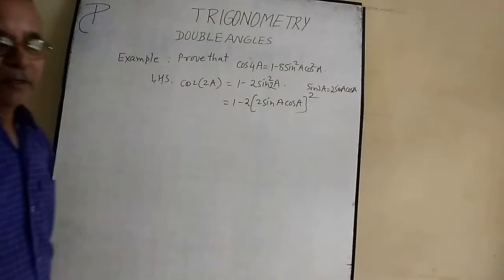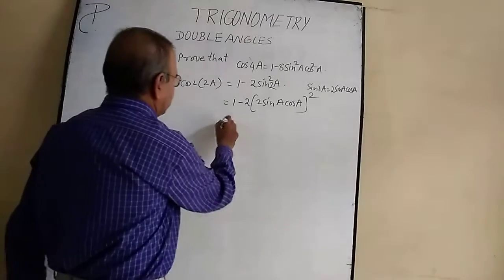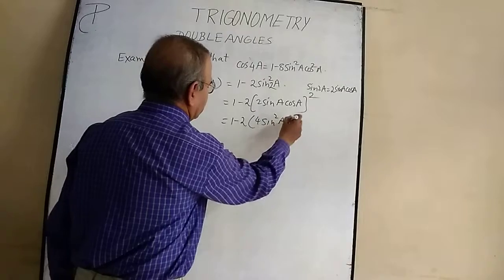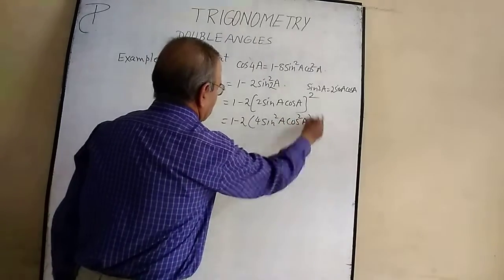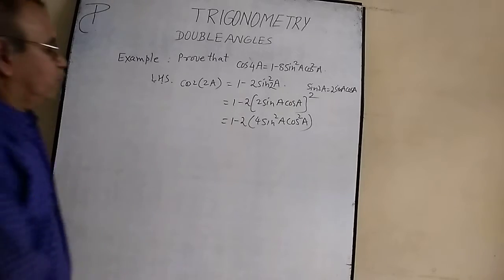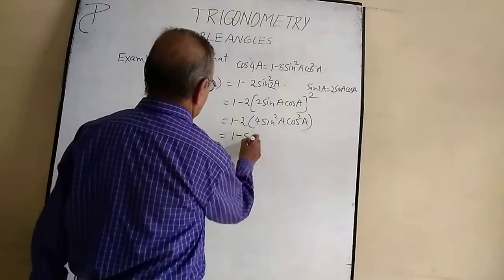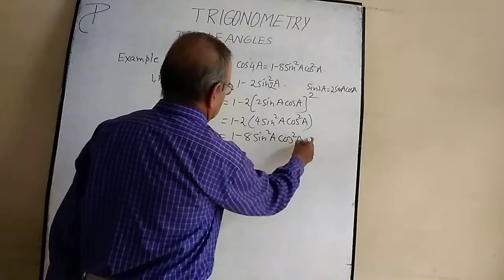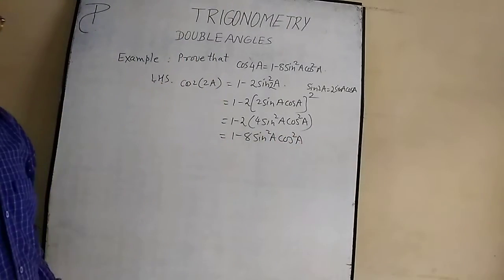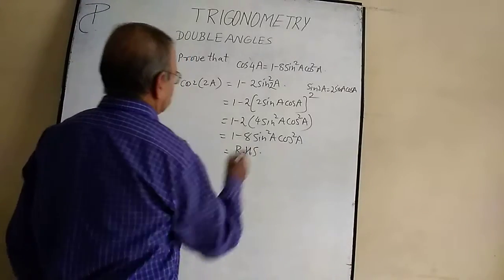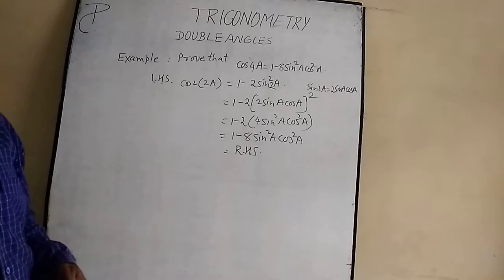Therefore we can write this as 1 minus 2 into 4 sin square a into cos square a. So it is equal to 1 minus 8 sin square a into cos square a, which is the RHS. So this is the proof of the question.